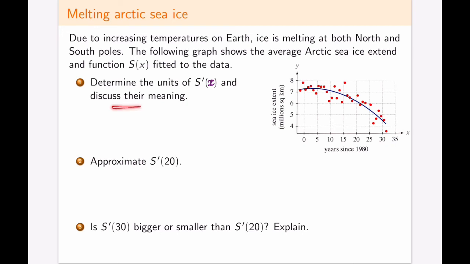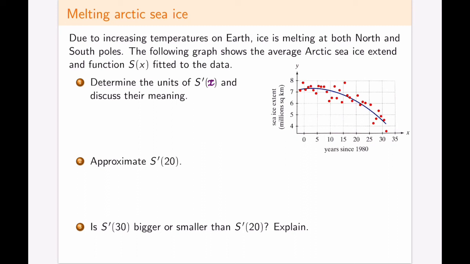First of all, we are asked to determine what the units of this function are and what they actually mean. In terms of the function itself, the units are going to be sea ice extent in millions of square kilometers. So what does that mean for the units of the derivative?